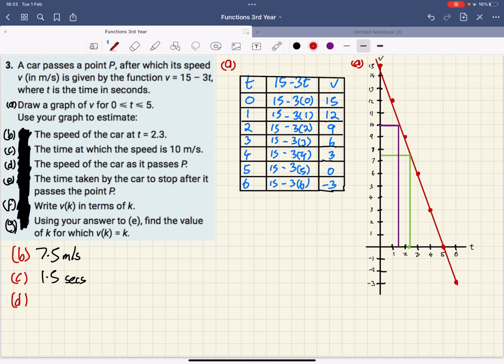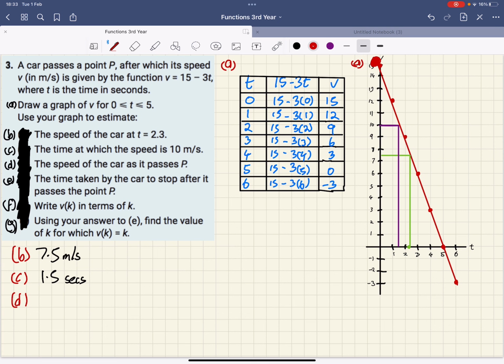Then you have the next part. A car passes a point P, after which its speed V is given by this function, where t is the time in seconds. The point P is anywhere behind this value here.